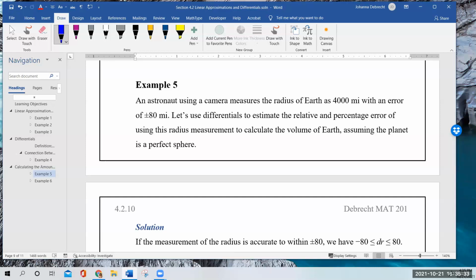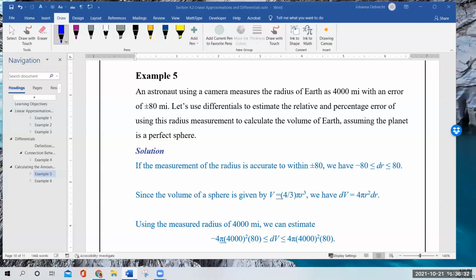We'll use differentials to estimate the relative and percentage error of using this radius measurement to calculate the volume of Earth, assuming that the planet is a perfect sphere, which of course it's not. How do we get started? Well, first off, what is the change in the error?